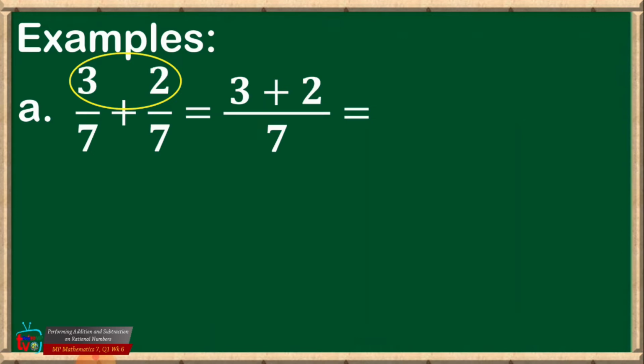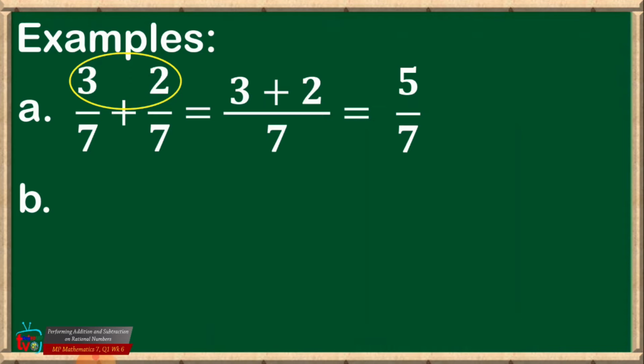The signs of 3 and 2 are both positive. So if we add 3 and 2, our answer should also be positive 5. Meaning, our answer here is 5 over 7.